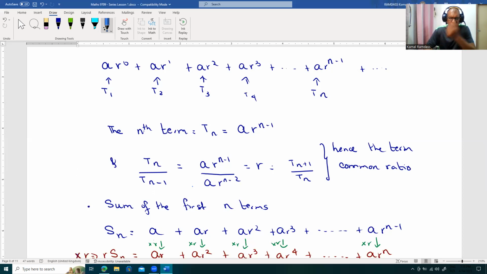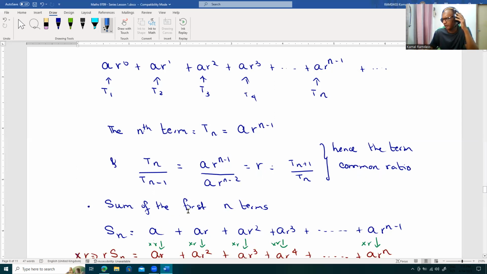Ça veut dire the ratio of one term to its previous term is equal to R, which is called the common ratio. Okay, hence the term common ratio.